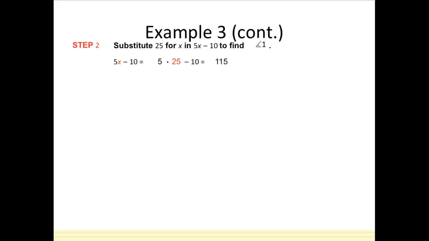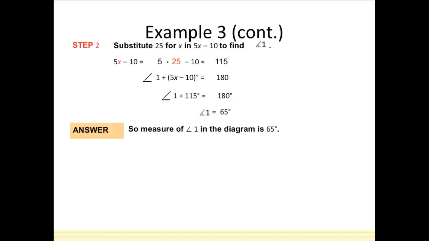Now that we have the measure of the exterior angle, we know that the measure of angle 1 plus the measure of the exterior angle should equal 180 degrees. So angle 1 plus 115 equals 180, which means the measure of angle 1 is equal to 65 degrees. So in the diagram, the measure of angle 1 is 65 degrees.